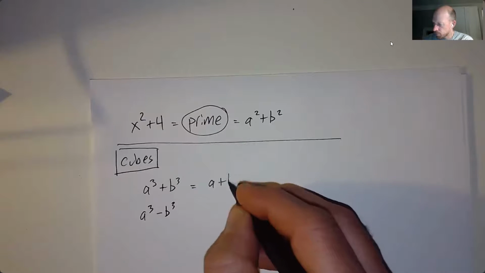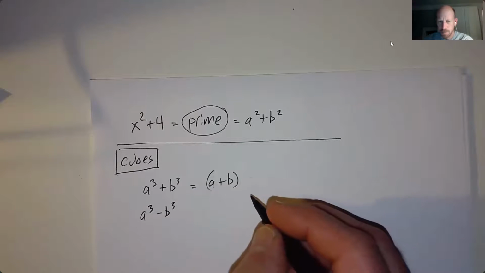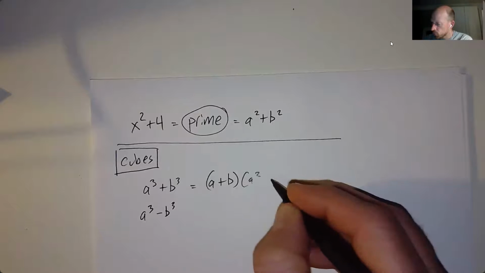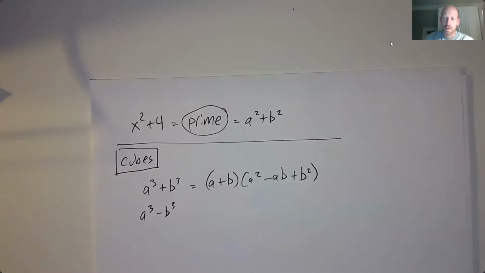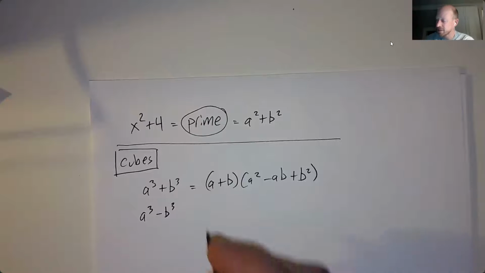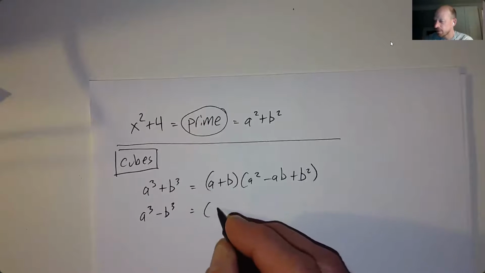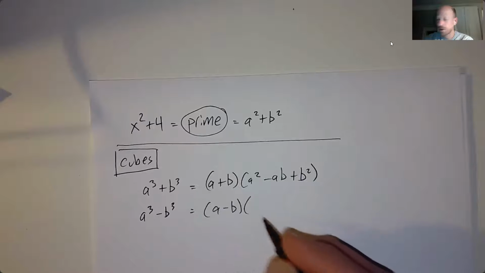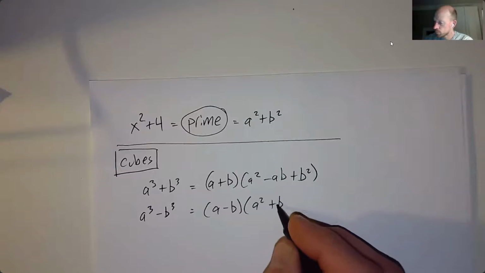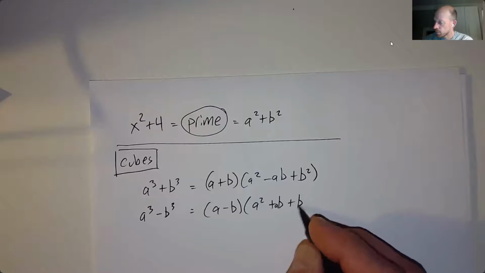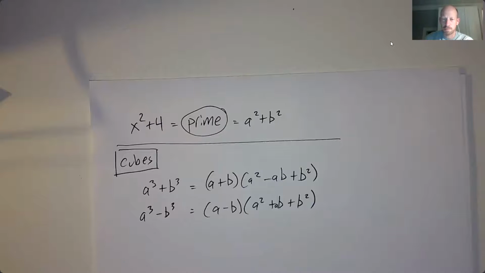This is going to be a plus b times a squared minus ab plus b squared. And this would be one to keep in your notes. It doesn't come up all that often, so it's not that worthwhile to memorize it. The other is a minus b times a squared plus ab plus b squared.